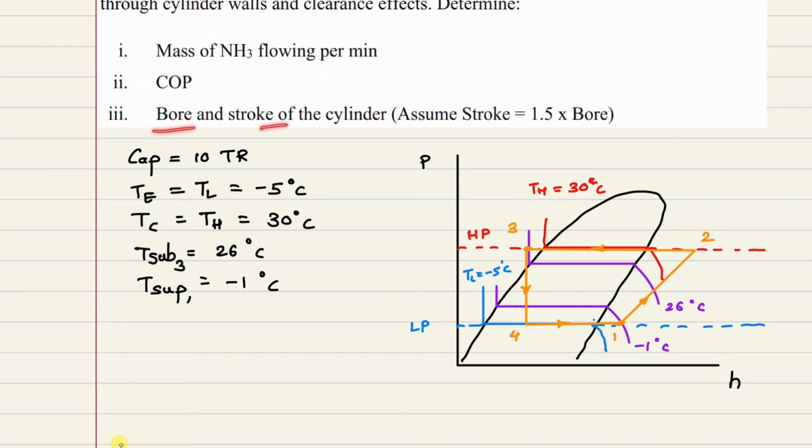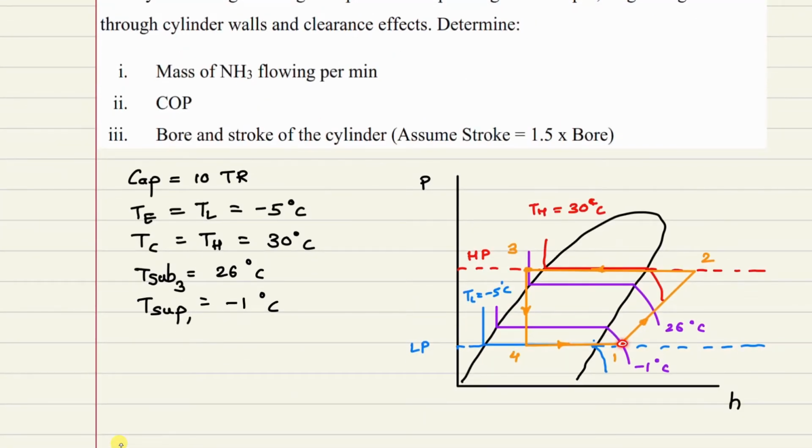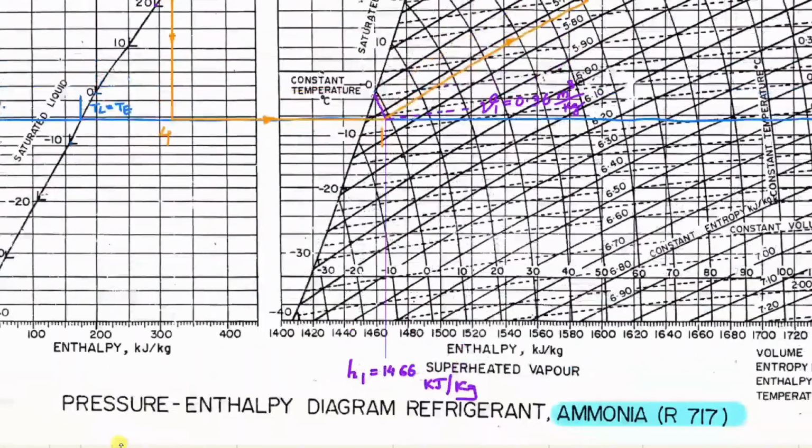Next one, bore and stroke, assuming stroke L is equal to 1.5 bore. Now here in this numerical, Cp of vapor for point 1 is not given, and Cp of liquid for point 3 is not given. So we have to plot this on the pH diagram. I have already plotted it. We'll go through this.